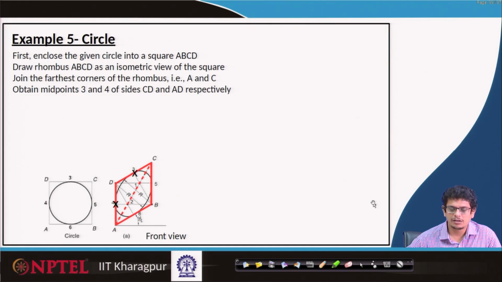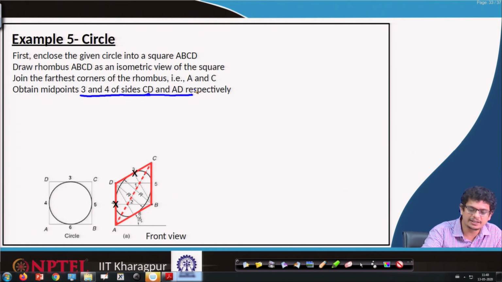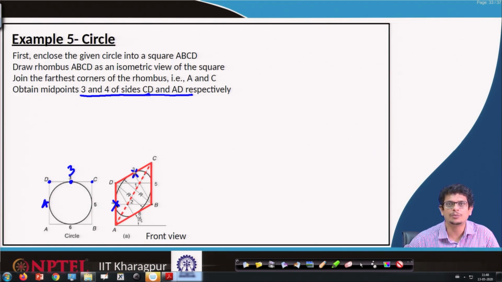Now, obtain the midpoints 3 and 4 of the sides CD and AD. So, on CD the point is 3, on DA the point is 4. These points have to be transferred onto this rhombus.